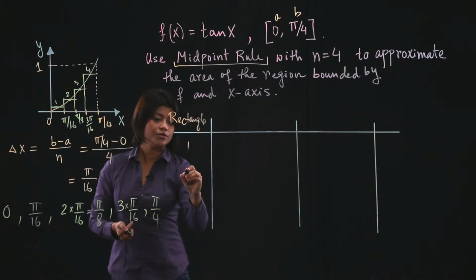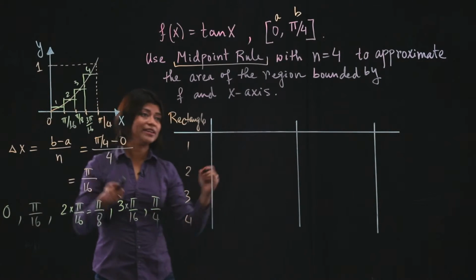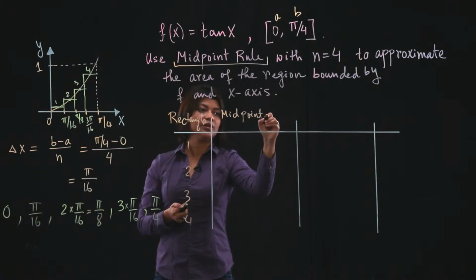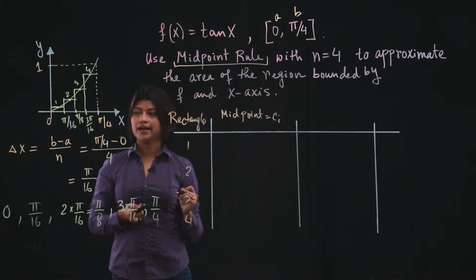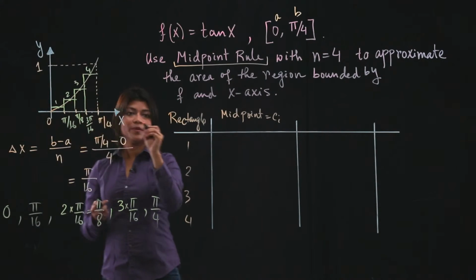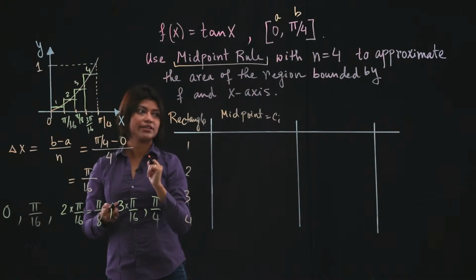Okay, so we have 1, 2, 3, 4 rectangles. We are using the midpoints. So next we will figure out all the midpoints, call them c_i. Once we figure out those midpoints, we can plug the midpoints into the function to get the length of each rectangle.